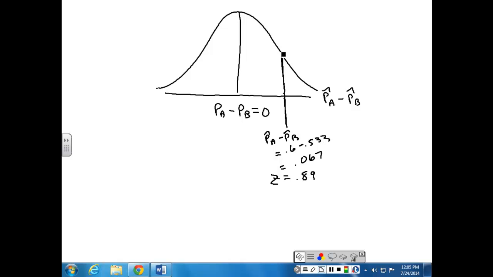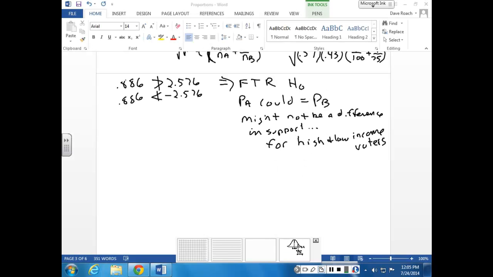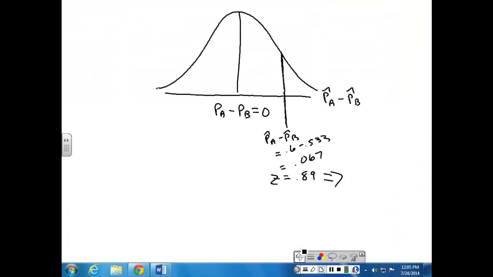If you look in your Z table, I don't happen to have one with me today. If you have one, look up 0.89 and give me the area for that. 0.3133. So that's from here to here, 0.3133. So this area will be 0.5.